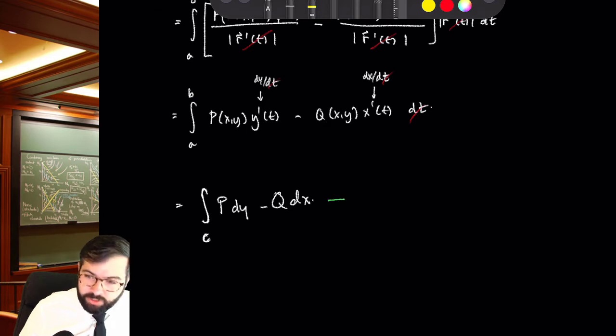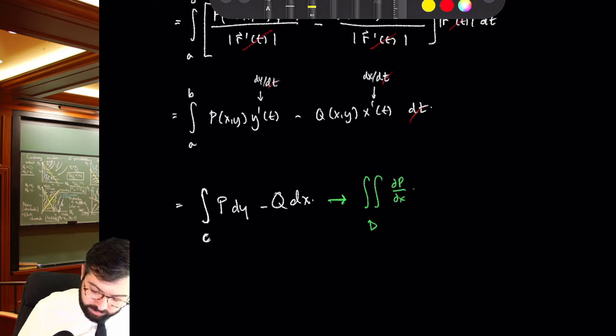Now here you can use Green's theorem to move this into a double integral over D of p sub x, so dp dx plus dq dy, because of the form that it's in.